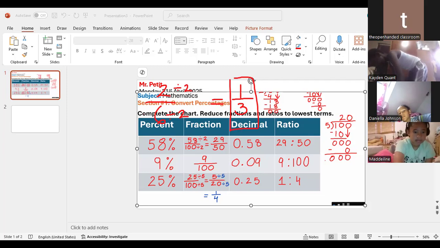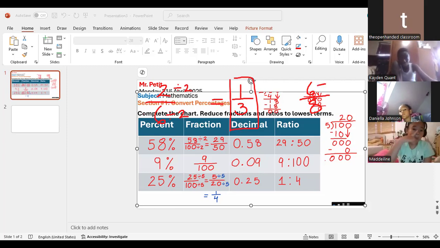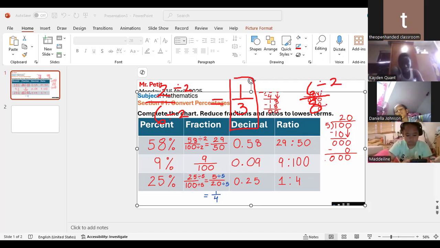Okay, what's the next question? 6/8. What number can go into 6 and 8 without leaving a remainder? Since both of them are even, you could use 2 again. All right. So let's use 2 again. What is 6 divided by 2?